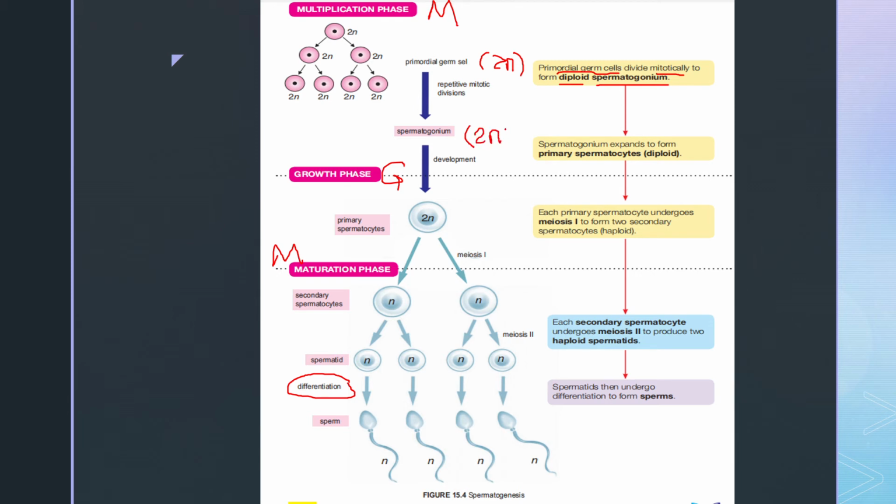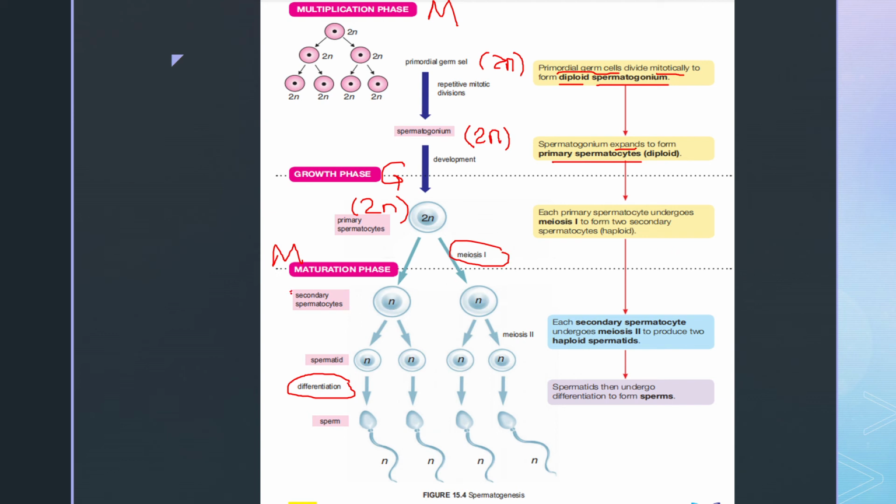The spermatogonium will undergo the growth phase, which means they are expanding to form primary spermatocytes. Since this is just the growing phase, it is still 2N for the primary spermatocytes. Moving on, each of these primary spermatocytes undergoes meiosis 1, and therefore they end up as two secondary spermatocytes.